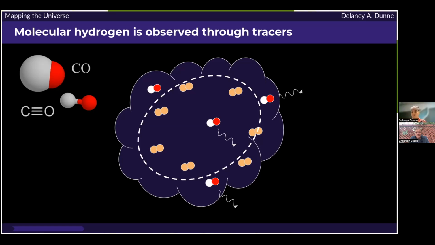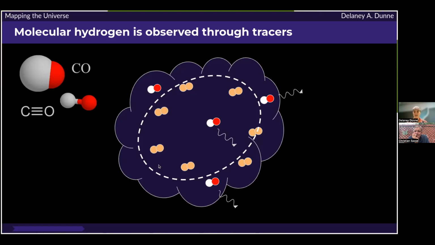And the other thing about carbon monoxide is when it's inside a molecular cloud, the cloud is actually so dense that you can't see the carbon monoxide. You can only see the stuff on the outskirts of the cloud emitting this specific spectral line.